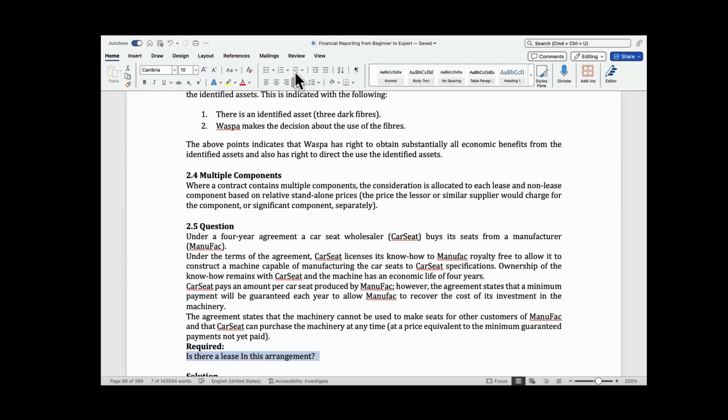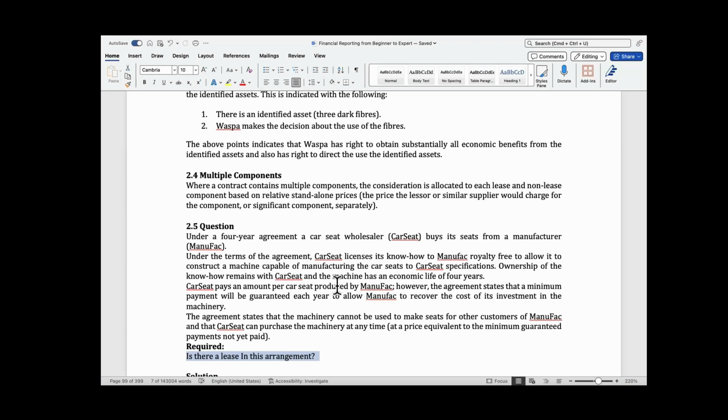The lessee, yes, sir, is the car seat, while the lessor is the Manufac. Okay. So is there a lease in this agreement? There is. Good. So there is a lease in this agreement.